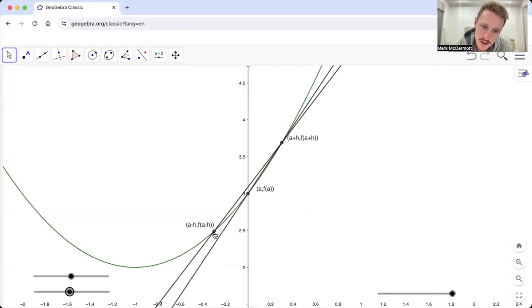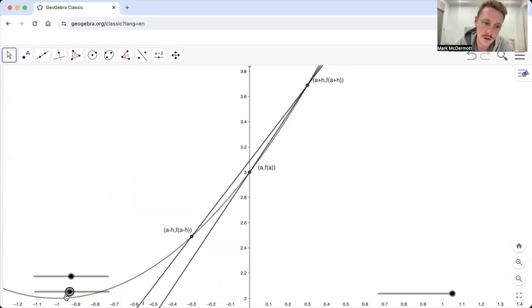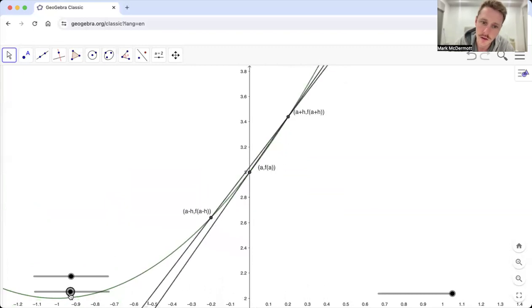But you can also see that the slope of that line is a bit better than the other one, if we're trying to approximate the gradient at some point a. And obviously they all come together when h is 0. So the math showed that. It's a bit tricky to show on a screen, but hopefully you can see why that second approximation is a little bit better, both algebraically and graphically.